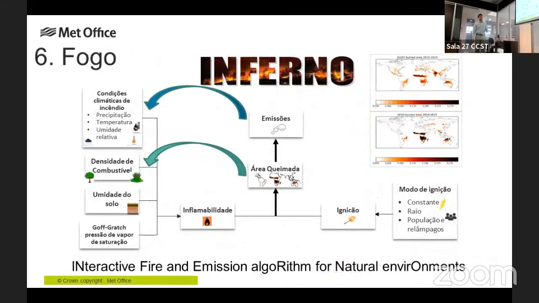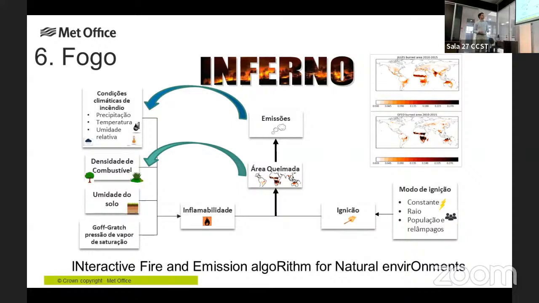And this is Renata's favorite slide. So this is the INFERNO model. With dynamic vegetation, you're also considering other processes such as fire as a feedback to greenhouse gases and other things.